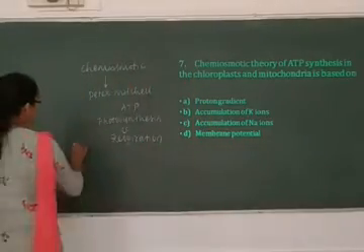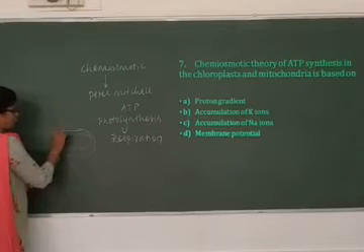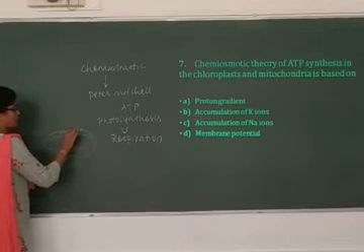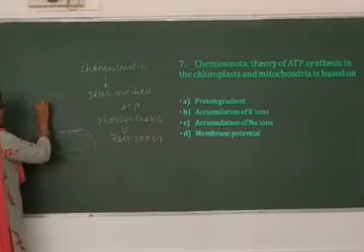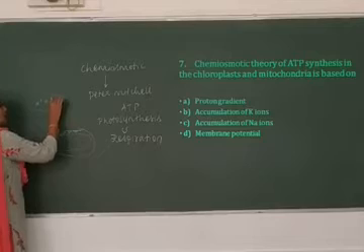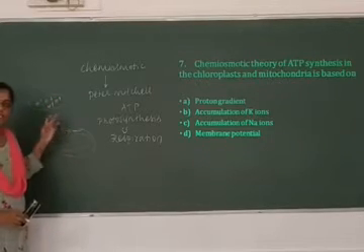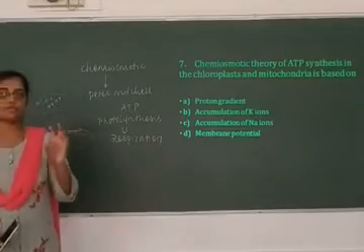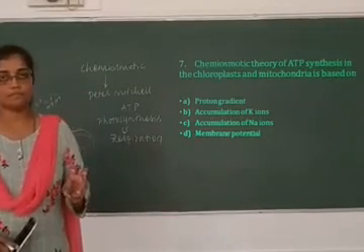That is, the mitochondria has two membranes, outer membrane and inner membrane, and accumulation of protons takes place in the intermembrane space. Whereas in photosynthesis, it is in the thylakoid lumen. And why does accumulation of protons take place? The accumulation of protons is due to the electron transport chain.